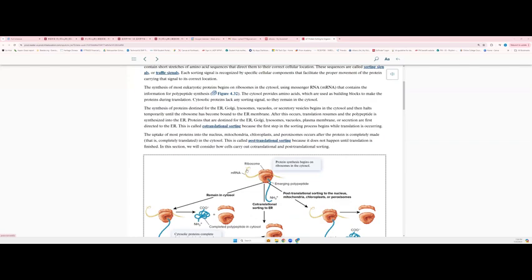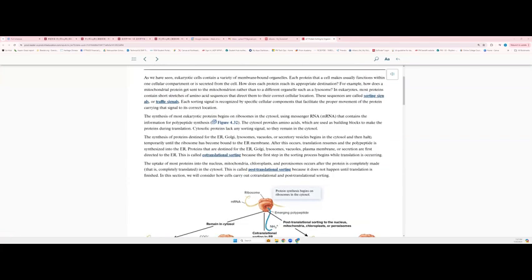Basically, the mRNA goes inside and interacts with the ribosome, and then the ribosome extracts the information from the mRNA and makes the corresponding amino acids, and then makes the corresponding proteins. So let's say the cytosol provides amino acids, which are the basic units and building blocks for making proteins.